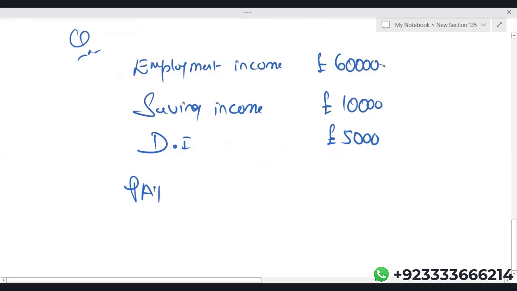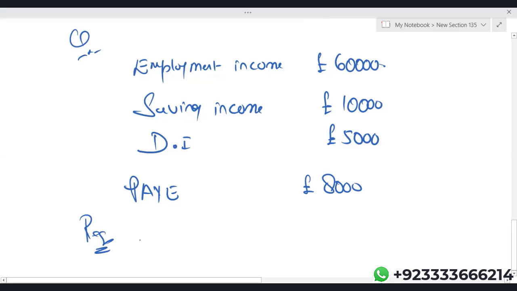Pay as you earn means that when an individual is an employee, they pay tax in advance as well. I'm just assuming the PAYE is 8,000.